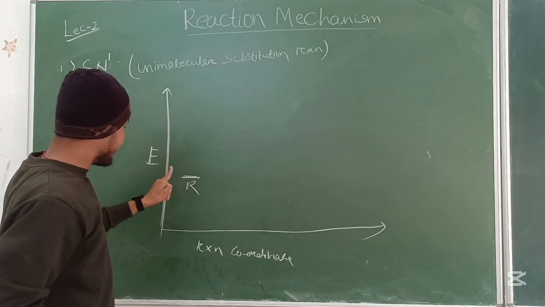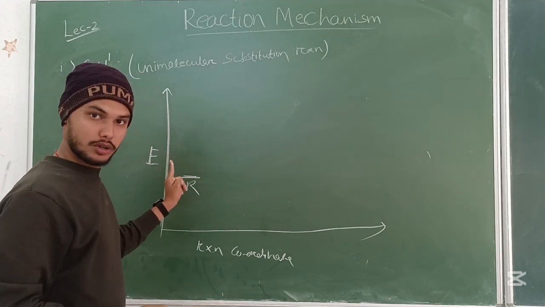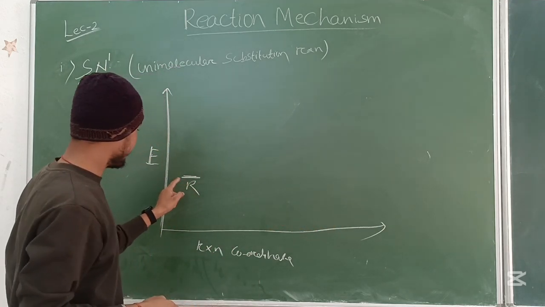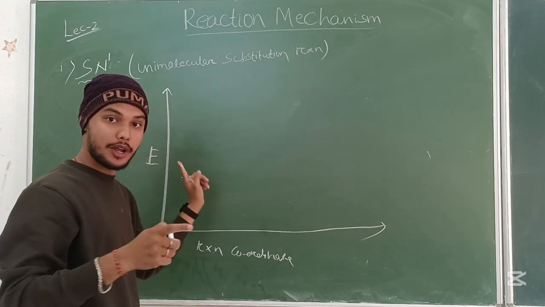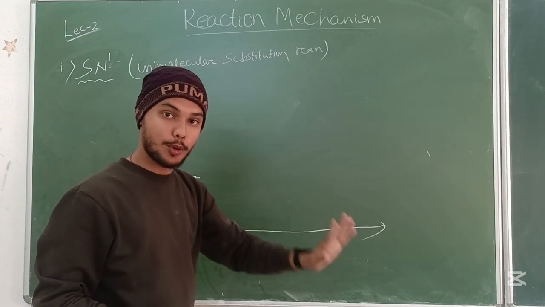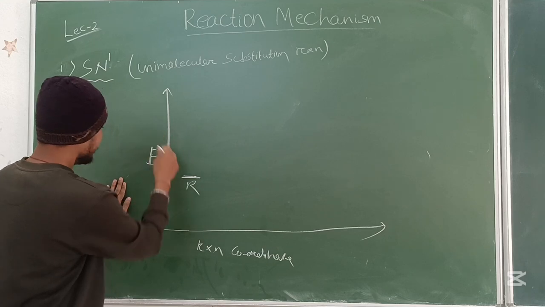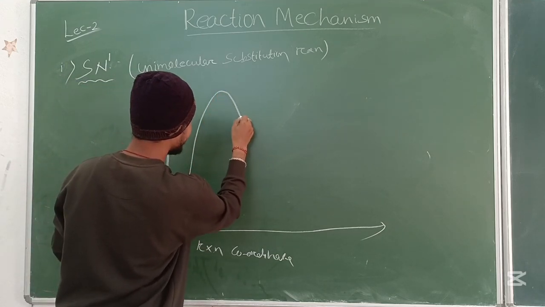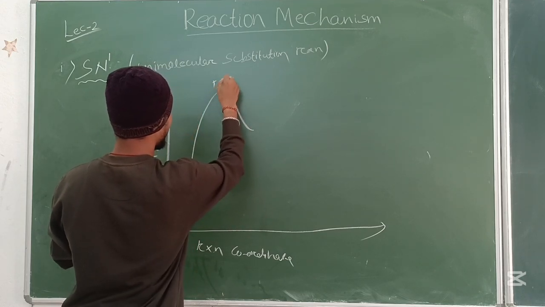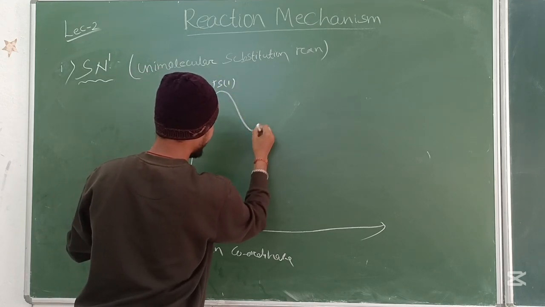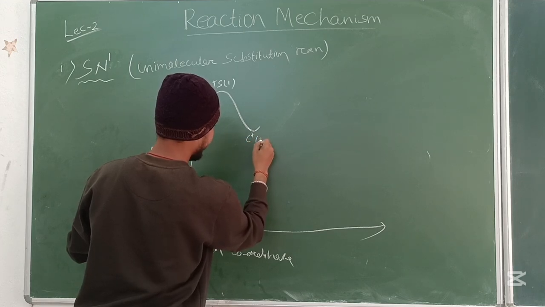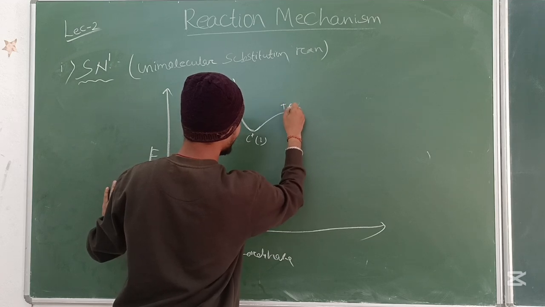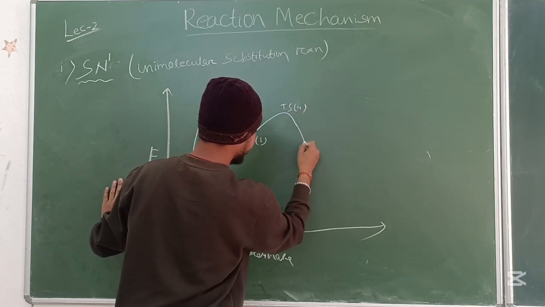The energy of the reactant is more, but the product energy must be less than the reactant, so that the reaction proceeds from reactant to product. First comes transition state 1, and this is the intermediate formation, that is the carbocation intermediate. Then transition state 2, and this is the product.